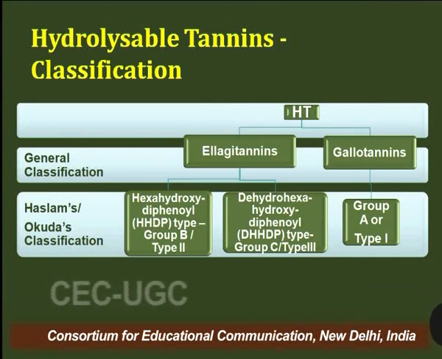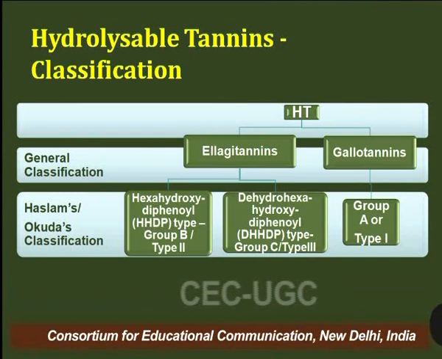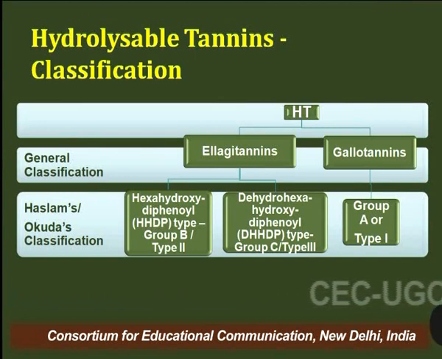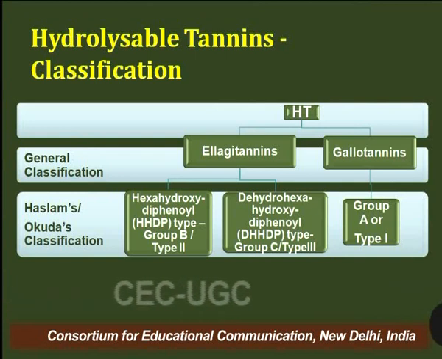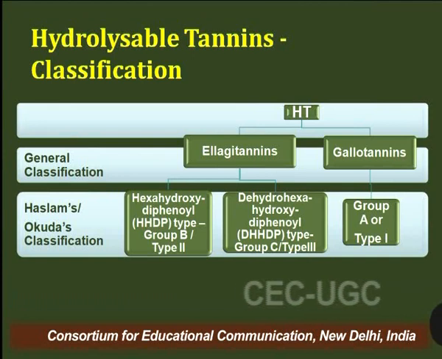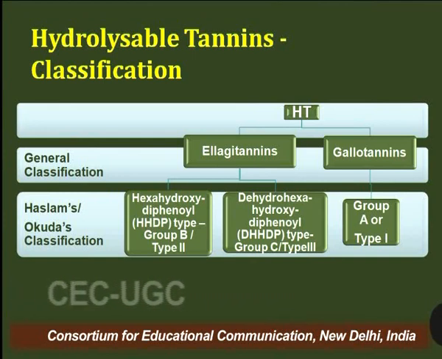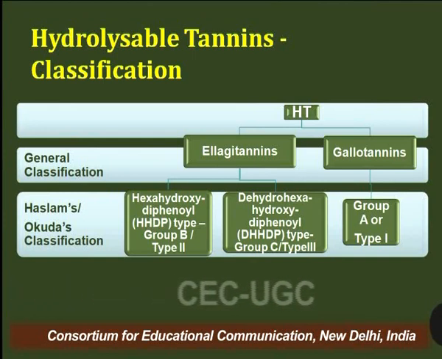A lot of scientists have given various classifications of tannins, and amongst all those, Haslam's and Okuda's classifications are generally more acceptable. According to their classification, gallotannins fall under group A or type 1 tannins, whereas ellagitannins are further categorized into two different categories.